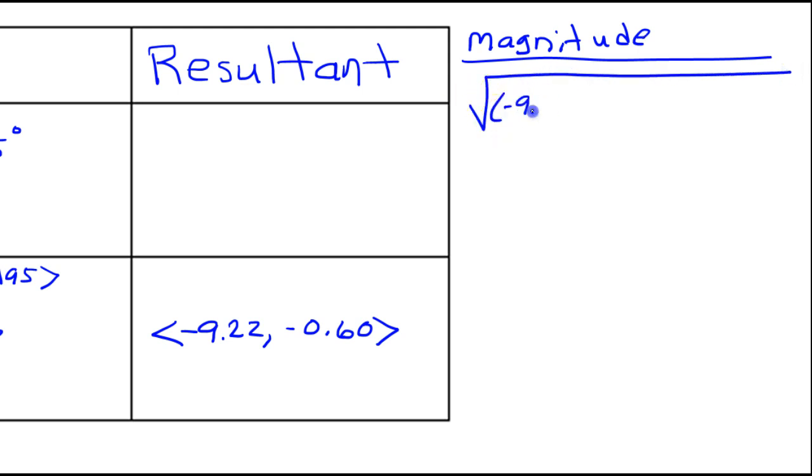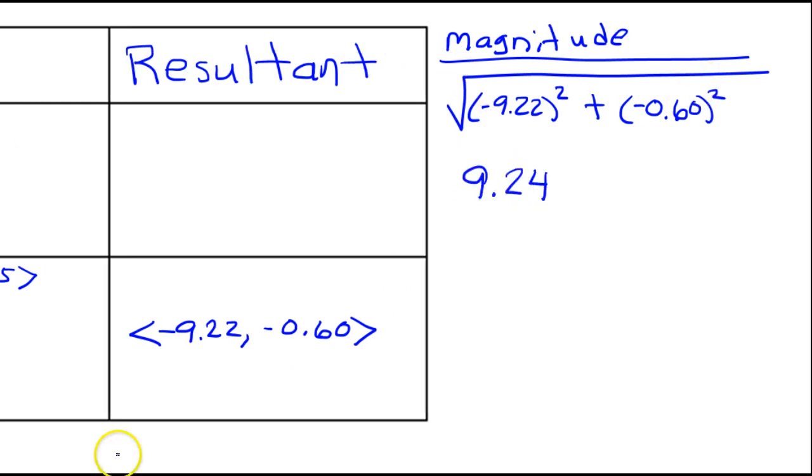So I will do -9.22 squared plus -0.60 squared, and I'll do the square root of all that in my calculator. That's 9.24, and in context, that means the magnitude is 9.24 kilometers per hour. All right, that will be the speed of the boat once you take into account the effect of the current as well. So that's the magnitude.